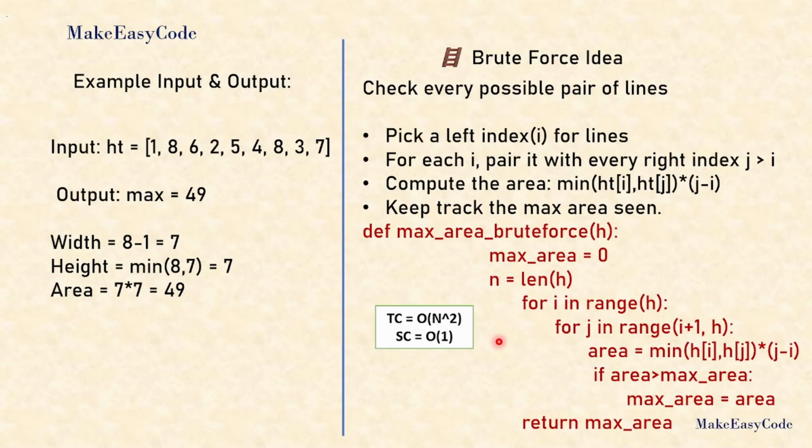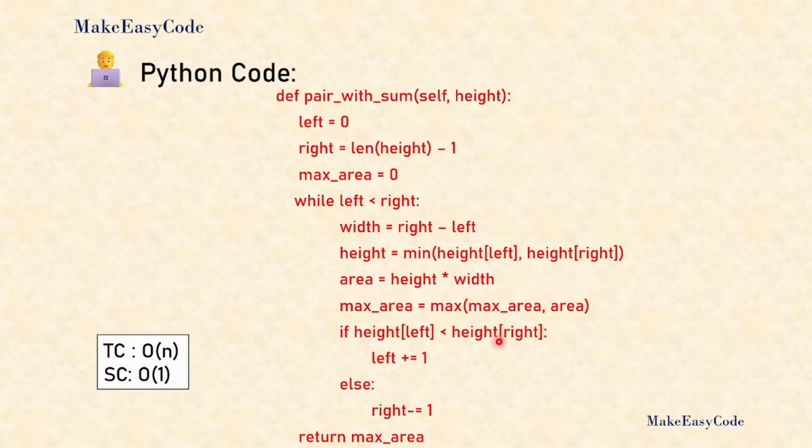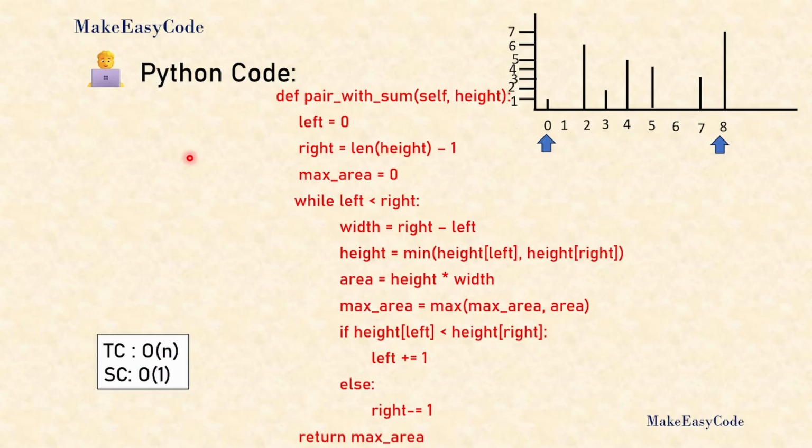Now we will optimize this problem with the two pointer approach. So let's dive into the optimized two pointer approach. Here's the code in Python. Don't worry, we will go through it step by step. First we start by placing the left pointer at index 0 and the right pointer at the last index of the list.